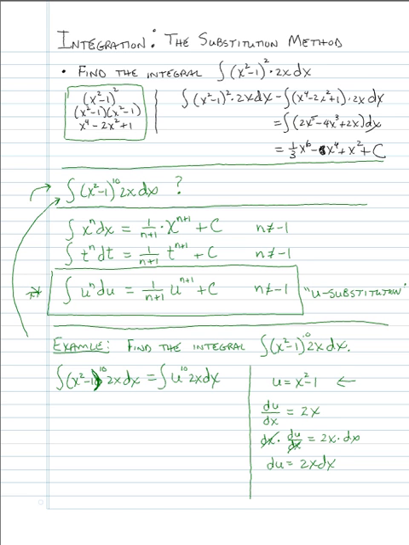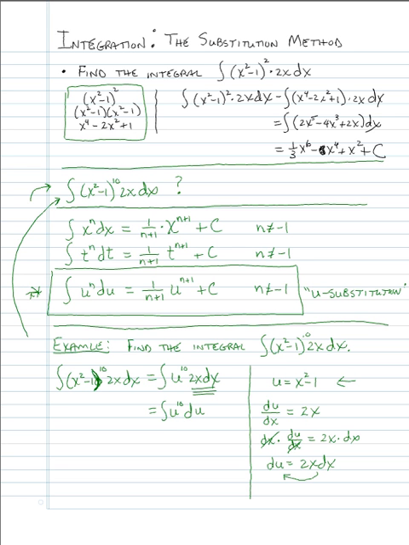Now the significance is right here we have a 2x dx, and this allows us to replace 2x dx with a du. So we can do a further substitution and substitute du for 2x dx.